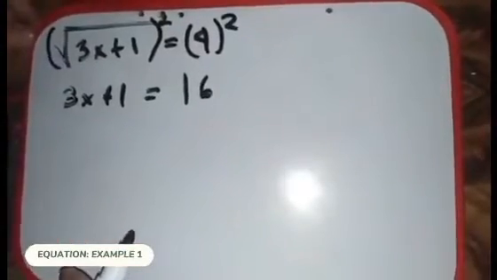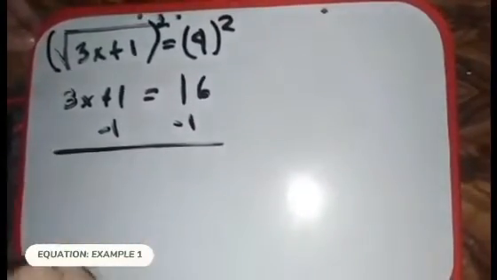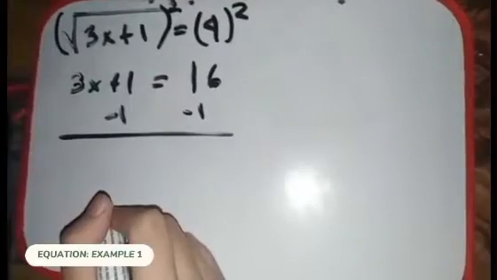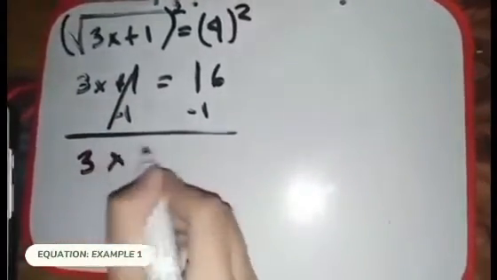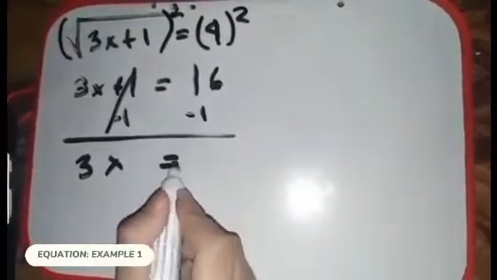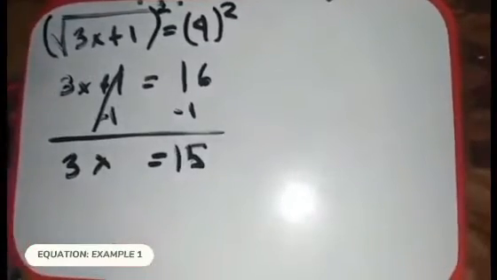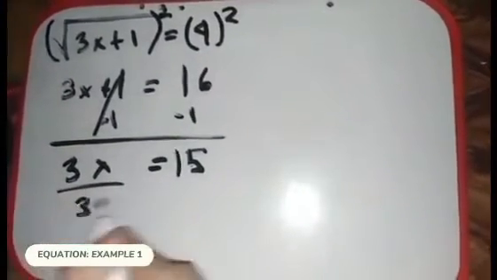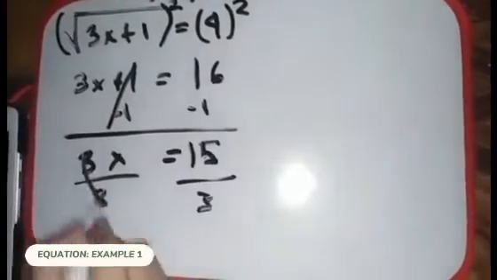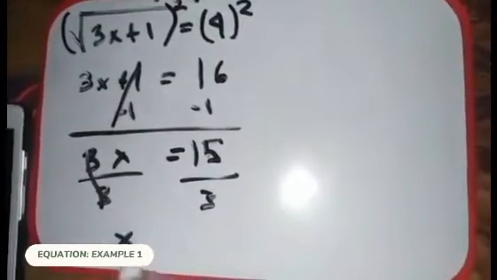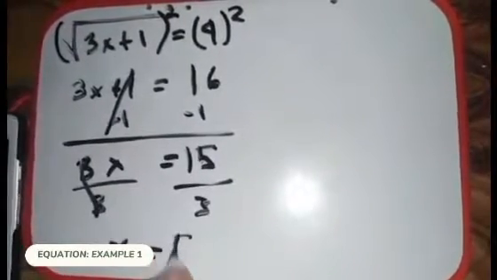Then we subtract 1 from both sides. So 3x equals 16 minus 1, which is 15. Divide both sides by 3, so x equals 15 divided by 3, which is 5.